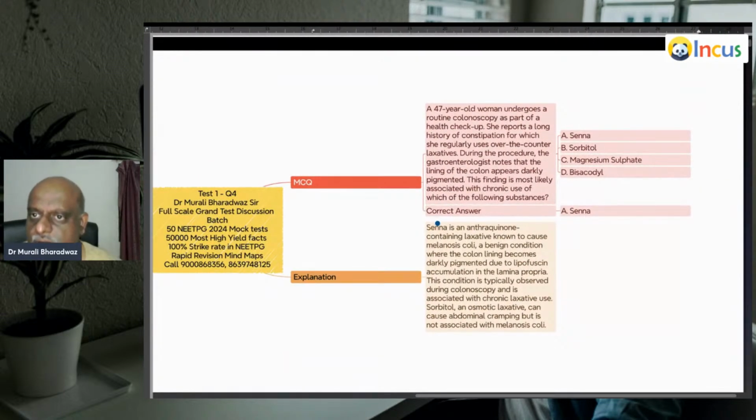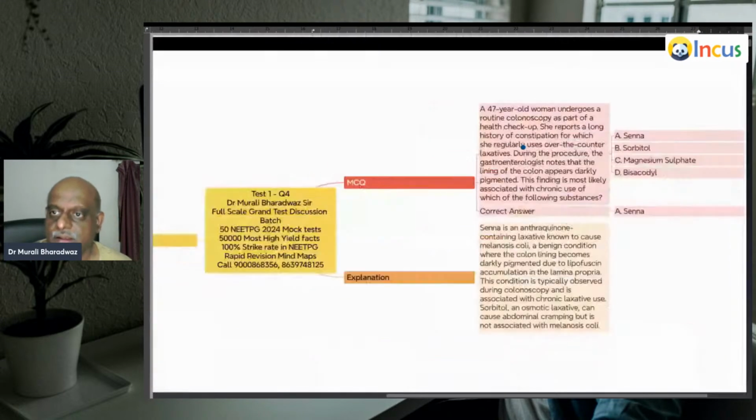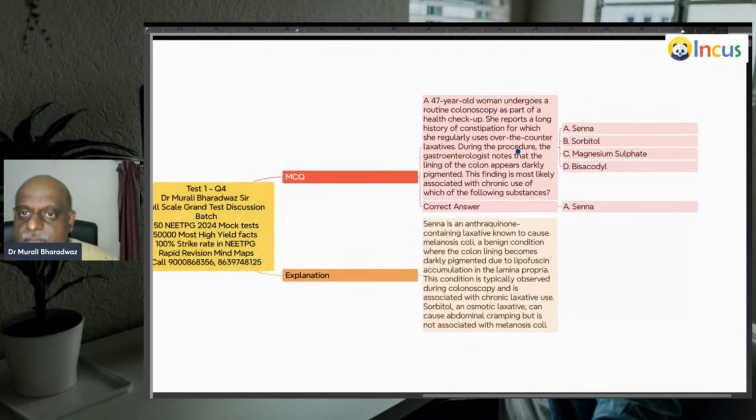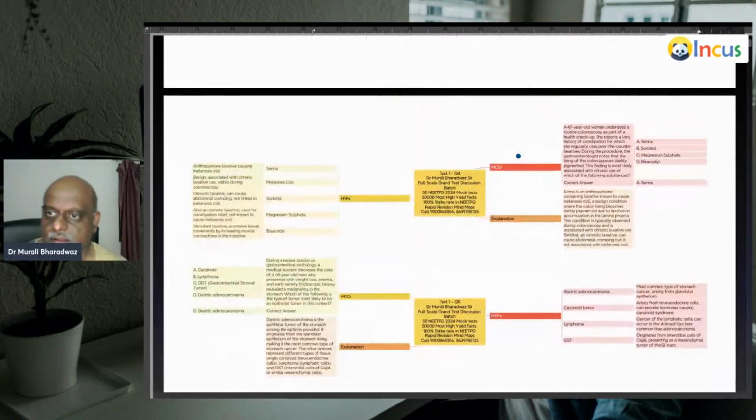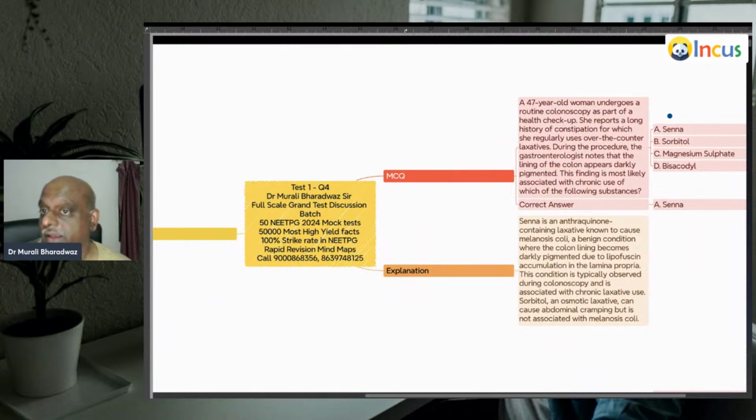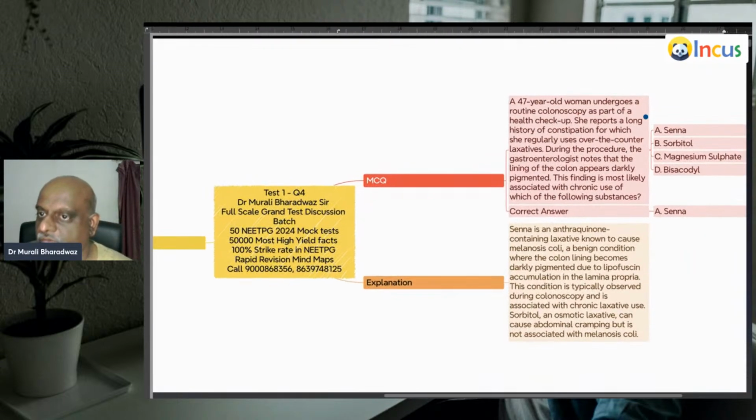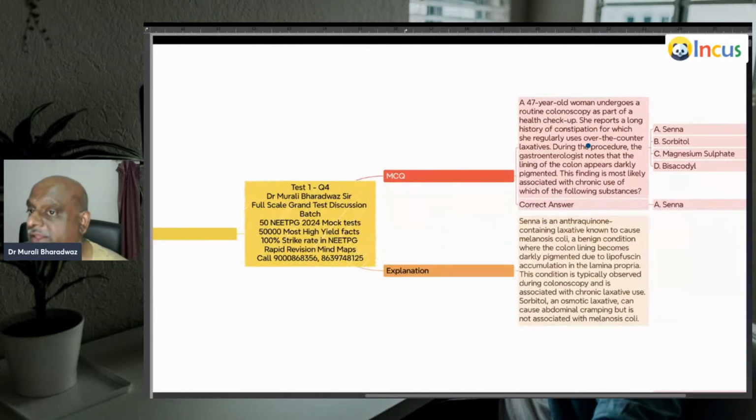A 47-year-old woman undergoes a routine colonoscopy as a part of the health checkup. So she reports a long history of constipation, for which she regularly uses over-the-counter laxatives.